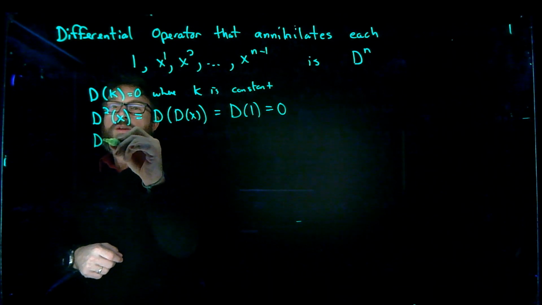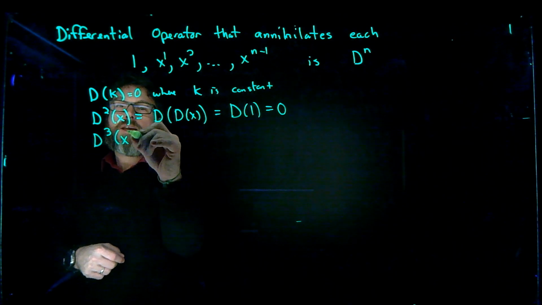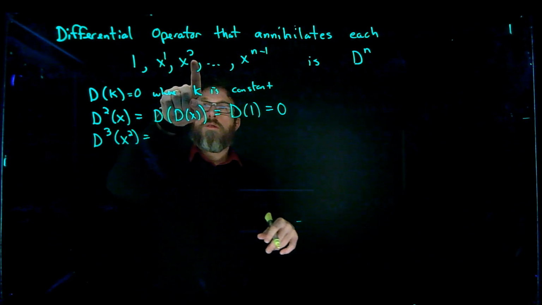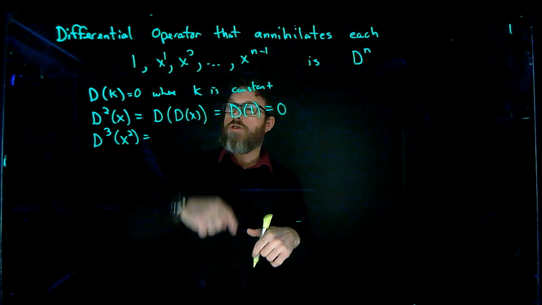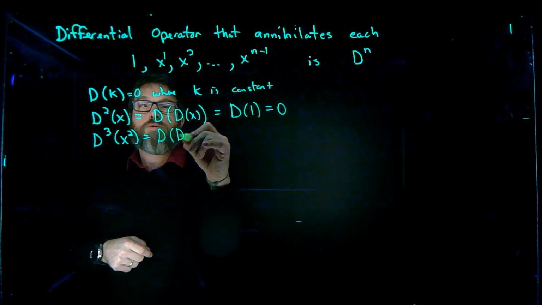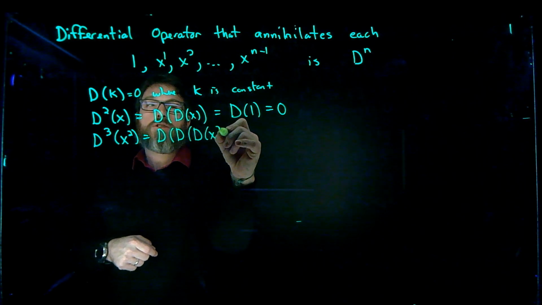Very similarly, what if I have the third derivative of, say, x squared? The power on D has to be 1 bigger than this 2. So this is going to be the derivative of the derivative of the derivative of x squared.